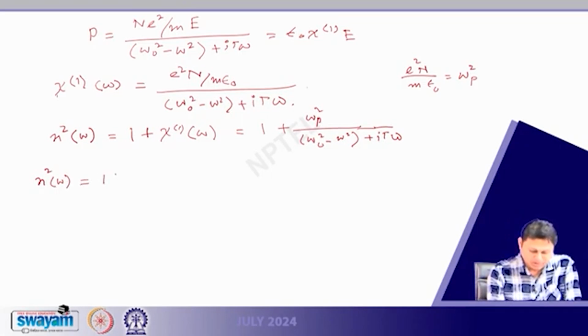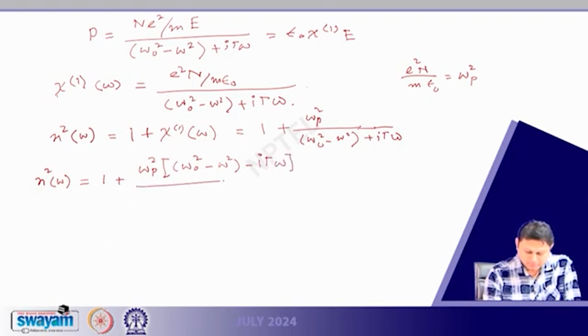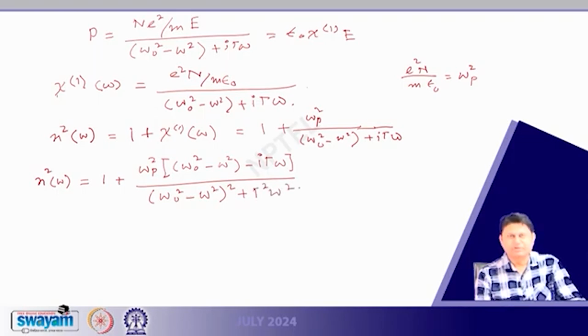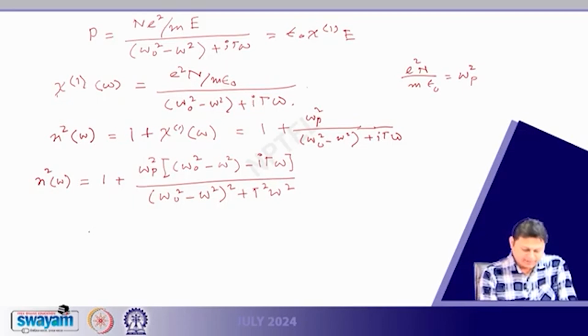So n squared is 1 plus omega p squared times (omega0 squared minus omega squared minus i gamma omega), and the denominator will simply be (omega0 squared minus omega squared) whole squared, plus gamma squared omega squared.